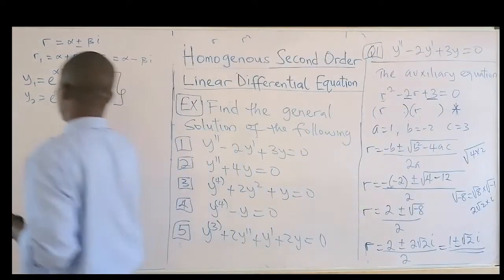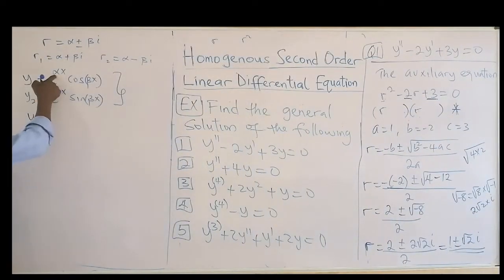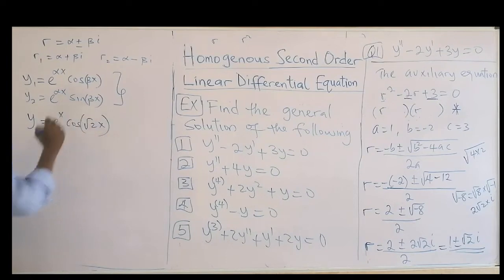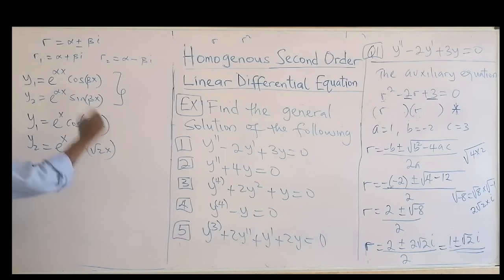So your y1 will now become, your alpha is 1, so that's e to the x times cos of, your beta is the coefficient of your complex number, which is root 2, so root 2 x. That's the y1. Then your y2 will be the same thing, with sine root 2 x.